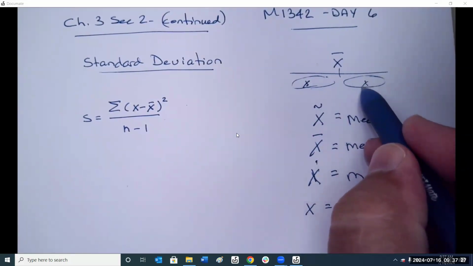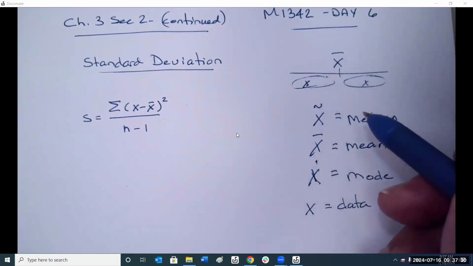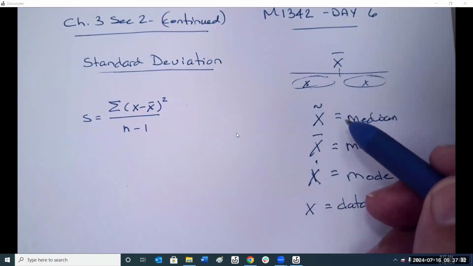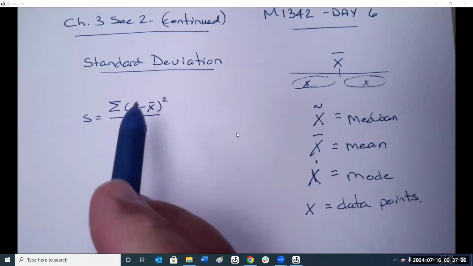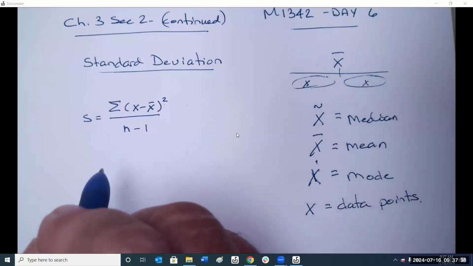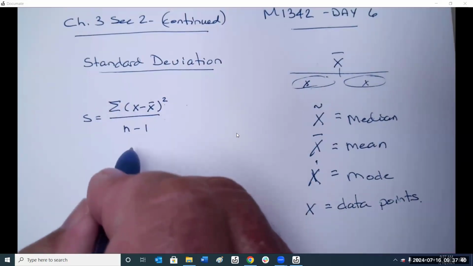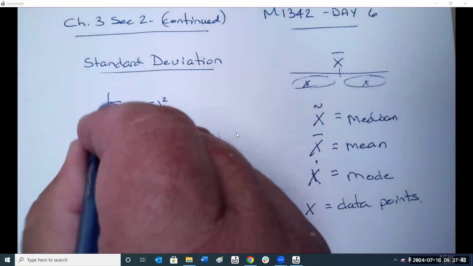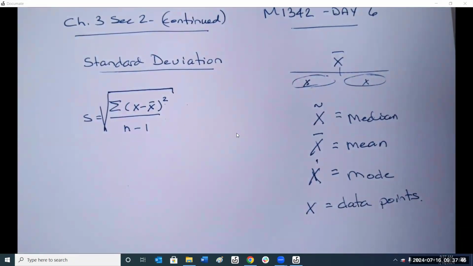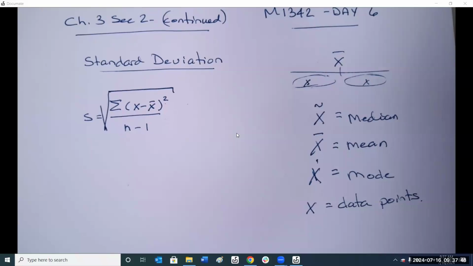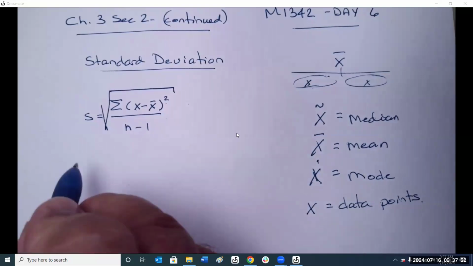If the X is bigger than the mean, we'll get a positive number. Now, to get rid of all the negatives, that's why we square it. And then we add them all up. And then to get rid of the squares, we square root. So that's what gives us the standard deviation in the simplest form.